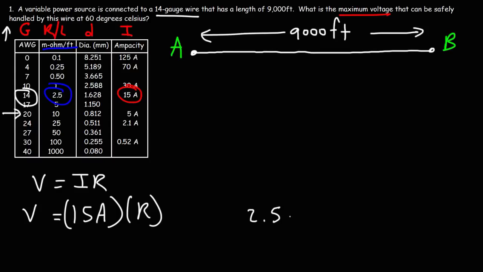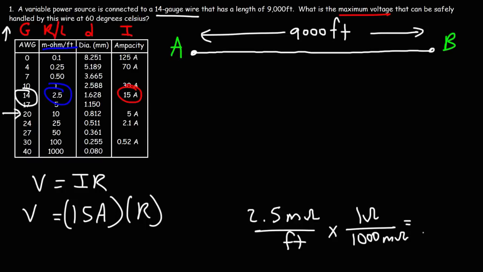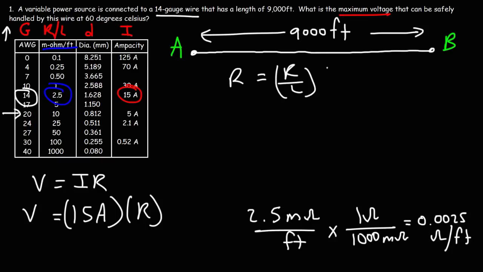So we have 2.5 milliohms per foot. And there's 1,000 milliohms per 1 ohm. So this is going to be 0.0025 ohms per foot.